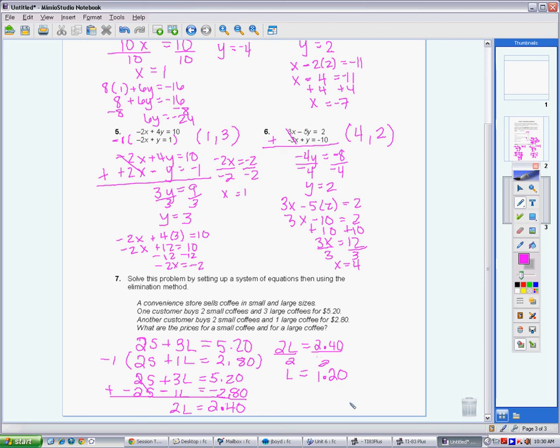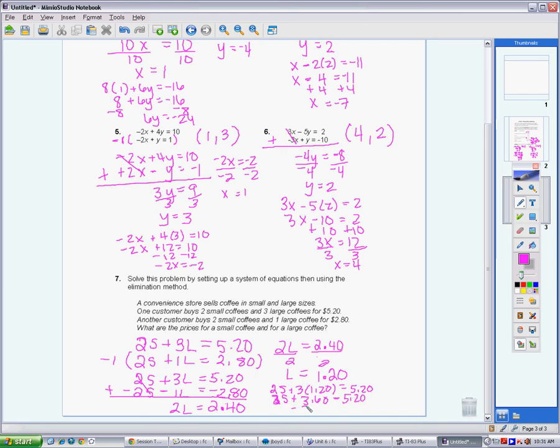Okay, so now that I know what my large is, I need to find out what my smalls are, and I plug it back in. I'm just going to plug it back into the first equation. So 2 smalls plus 3 larges at $1.20 equal $5.20. So 2 smalls plus $3.60 equal $5.20.